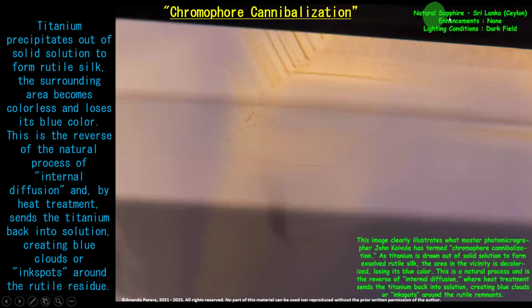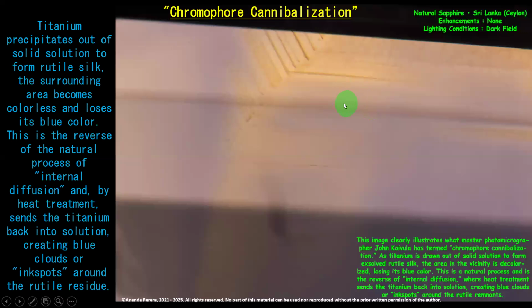It is also a natural sapphire from Sri Lanka. Lighting condition is dark field illumination. You can see here 60 degrees angle rutile silk. The titanium precipitates out of solid solution to form rutile silk. The surrounding area becomes colorless and loses its blue color. This is the reverse of the natural process called internal diffusion.